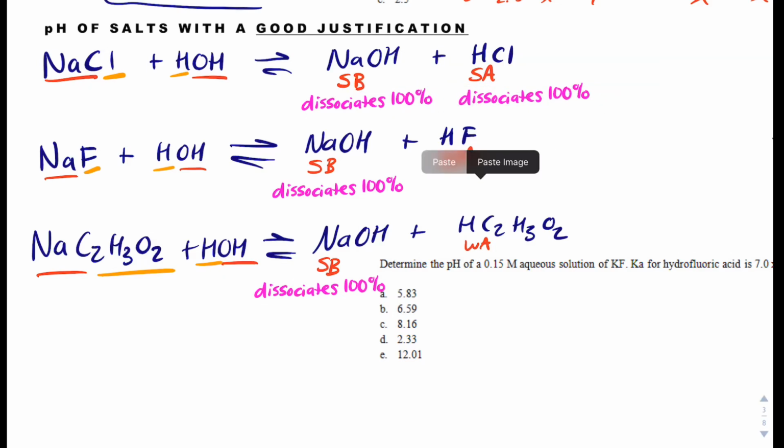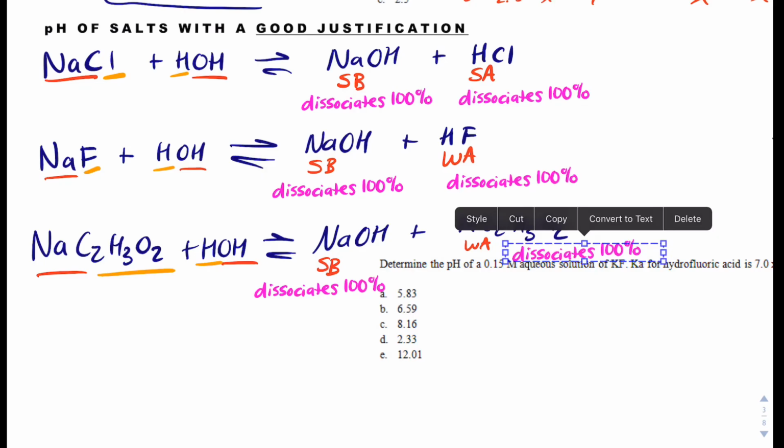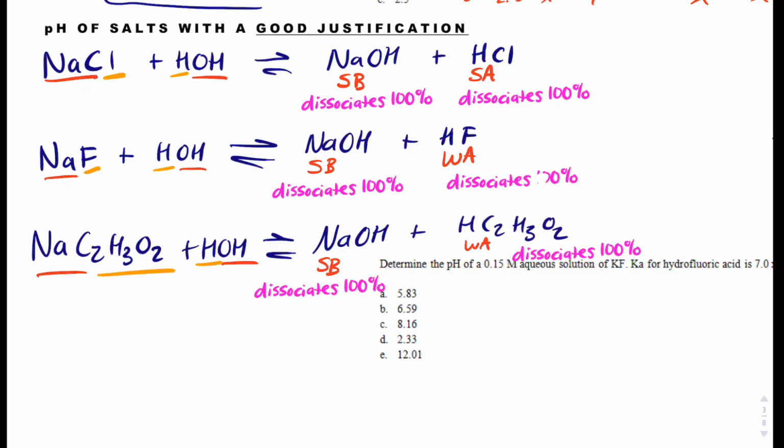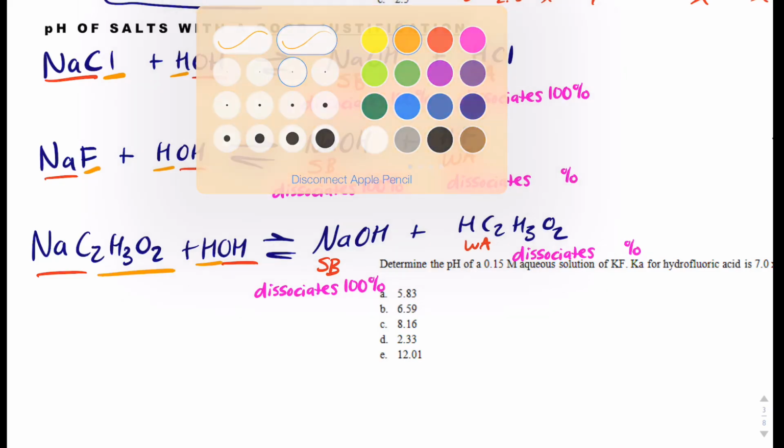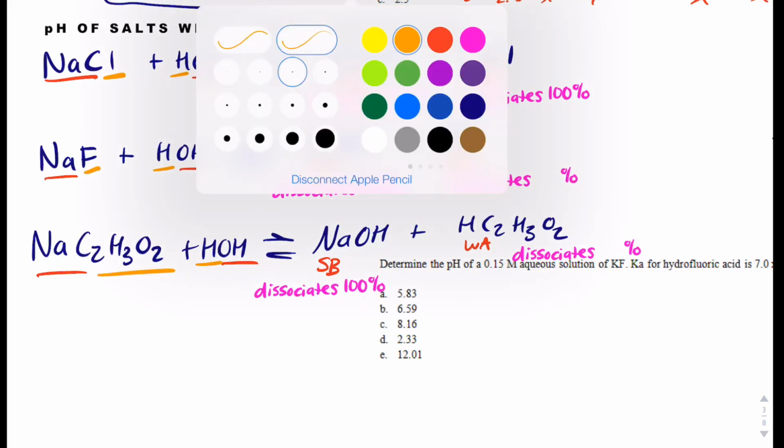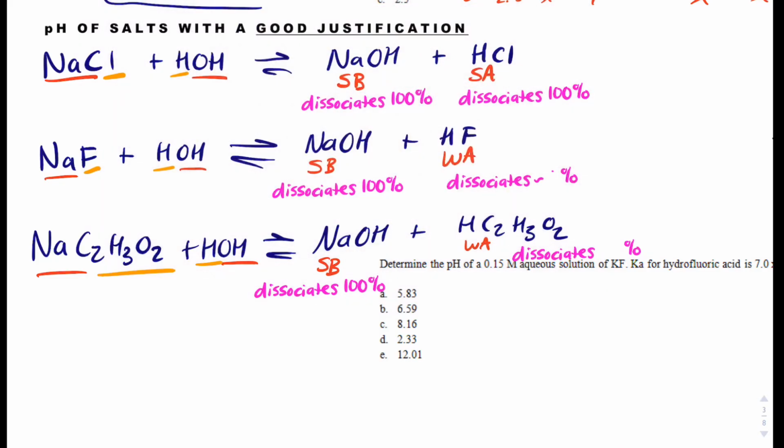Now, I can say that HF and HC2H3O2, they do not dissociate 100%. So let's say, I'm just going to use a number, and I'm just going to say, let's just say about 5%. Okay? What does that mean in this first example?